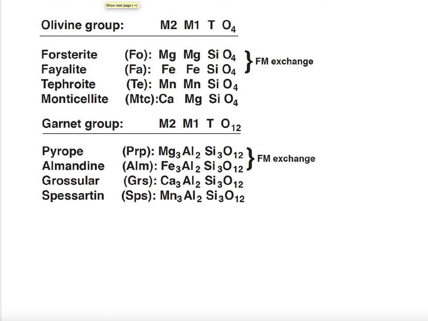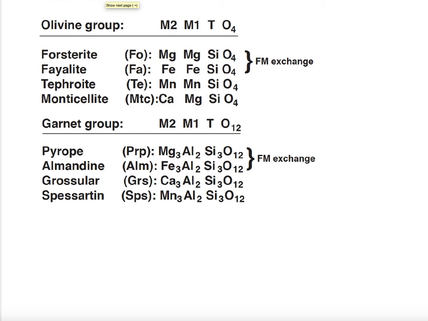You are putting 1 magnesium on the M2 site, the other magnesium on the M1 site. The M1 and M2 octahedral spaces are of different size. Then the silica you are putting on the tetrahedral site, and then you have the 4 oxygen.